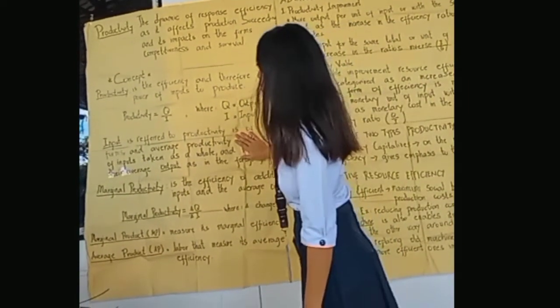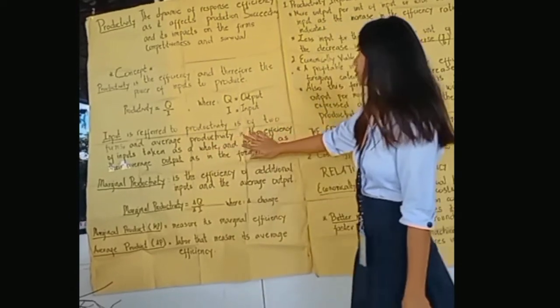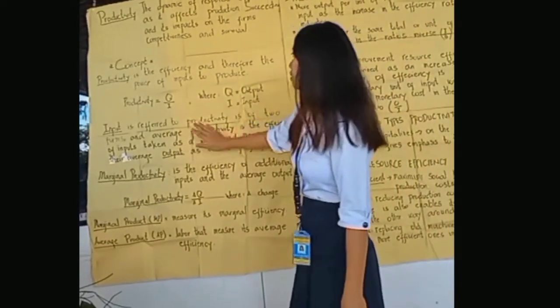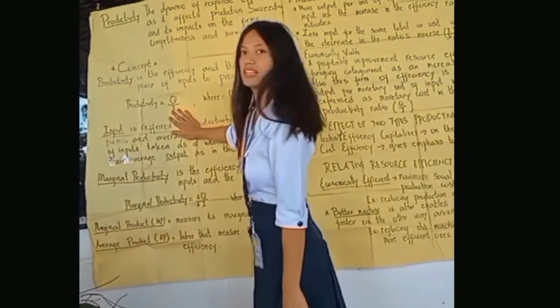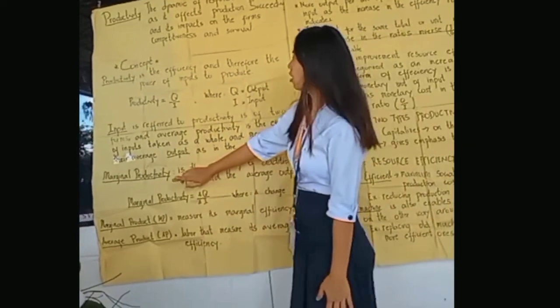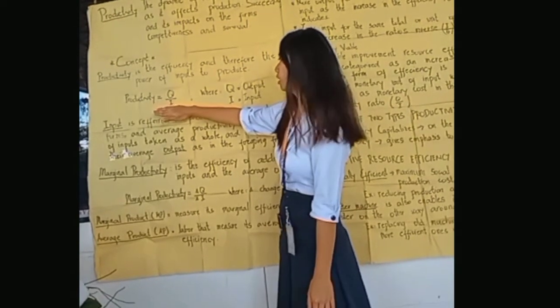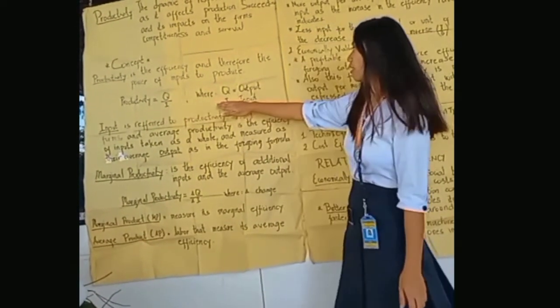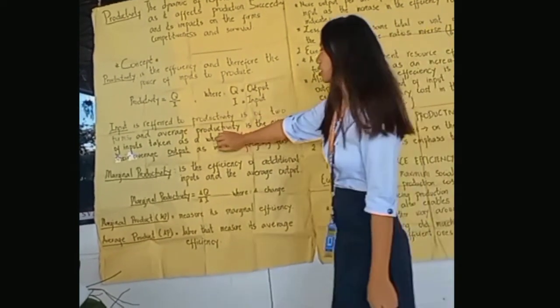Concepts of productivity. Productivity is the efficiency and therefore the power of inputs to produce, and here is the formula of productivity. Productivity is equal to Q over I, where Q is output and I is input.